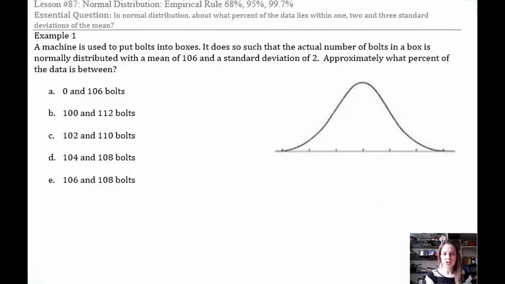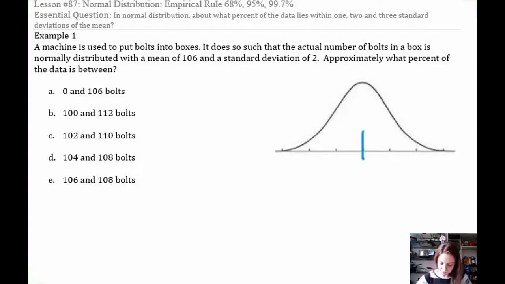Example 1: a machine is used to put bolts into boxes. It does so such that the actual number of bolts in a box is normally distributed with a mean of 106 and a standard deviation of 2. Approximately what percent of the data is between, now we have all these ranges. I'm going to begin by filling in this graph.